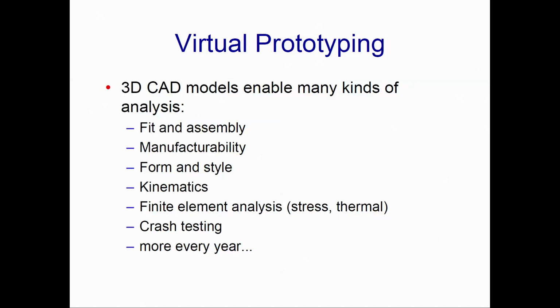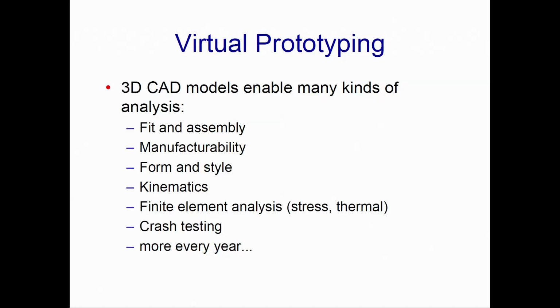This is where we have the advantage: you can use the same model for other analyses. One of them is how well two parts assemble together. If it is a snap fit, how is it? Then manufacturability, can we manufacture them? Then, as I said, form and style, I was emphasizing the way those battery banks feel in the hand and how the mobiles feel in the hand.